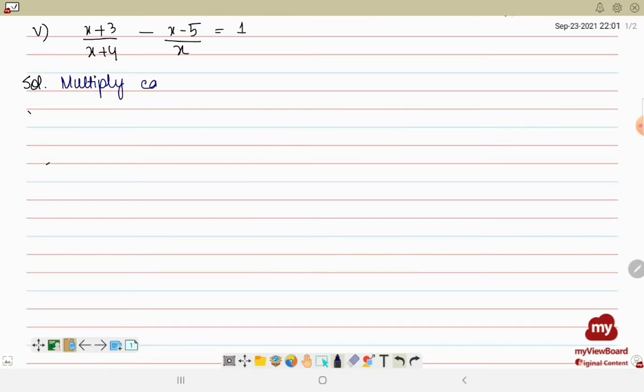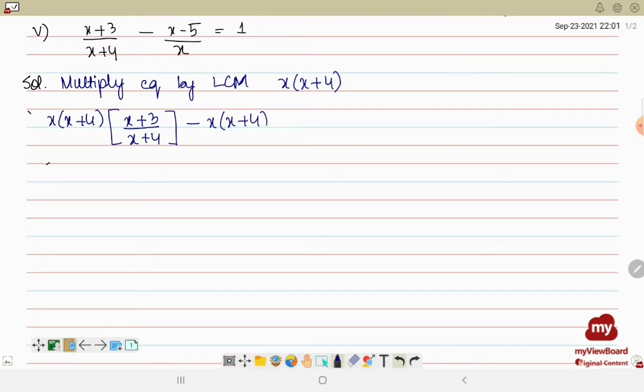Multiply equation by LCM, which is x into x plus 4. So here we have x into x plus 4 and then x plus 3 over x plus 4, then minus x into x plus 4 and then x minus 5 over x. So we are multiplying each term of the equation by the LCM. So with that we can get rid of these denominators.